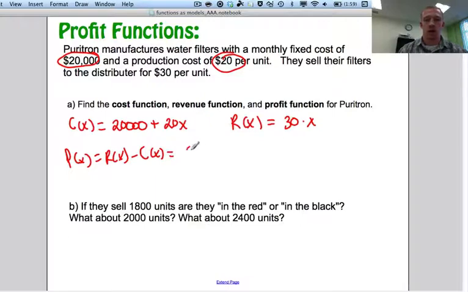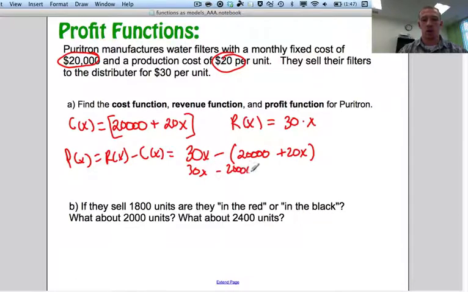That gives 30x minus the whole cost function, so minus 20,000 plus 20x. Distribute that, and you get 30x minus 20,000 minus 20x, which simplifies to 10x minus $20,000. So if their fixed cost is 20 grand and they sell 0 filters, their profit would be negative $20,000. They're losing money if they don't sell any filters.